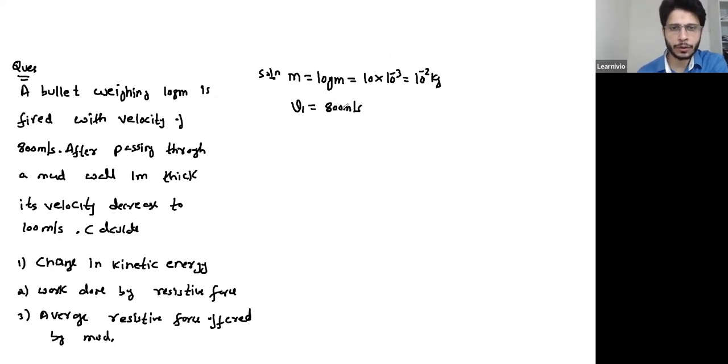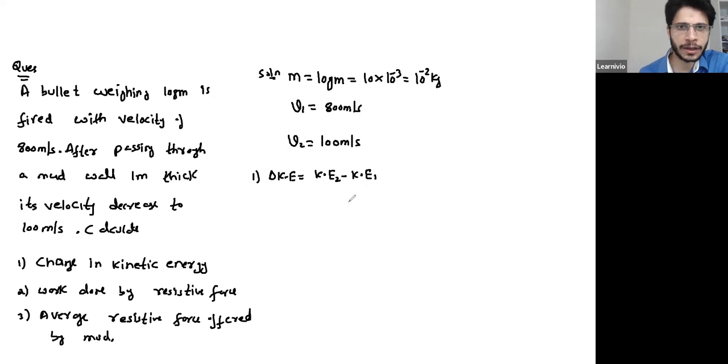Rania, what answer are you getting? 100 meter per second. So the first part says change in kinetic energy. Change in kinetic energy is final kinetic energy minus initial kinetic energy. The final is half m v2 square minus half m v1 square.